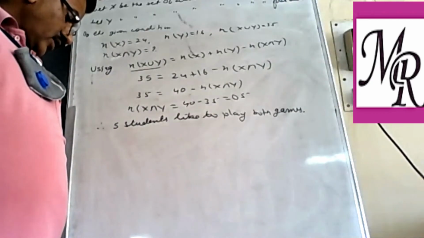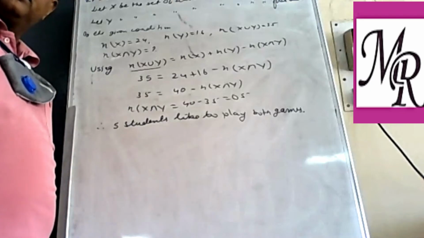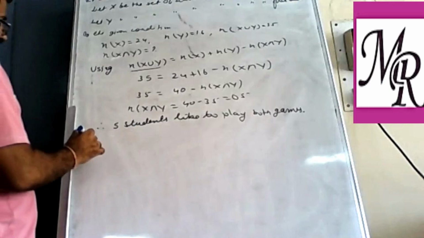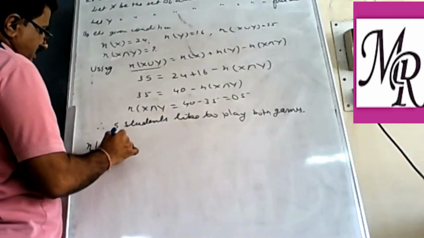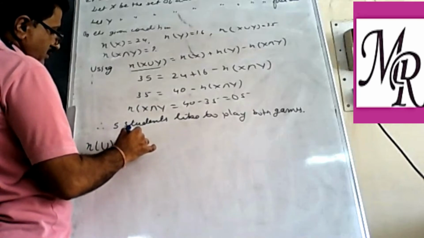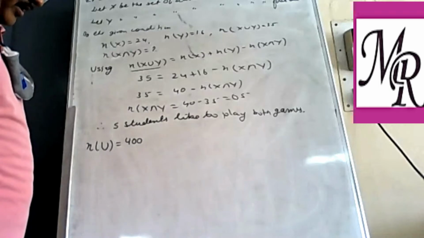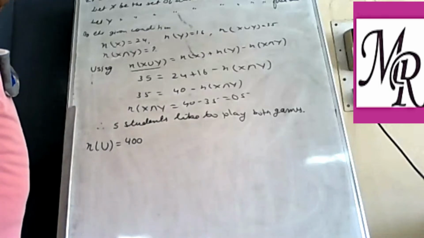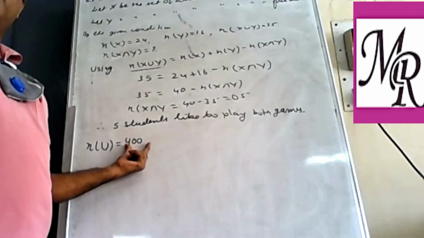In a survey of 400 students, so that is your number of students in the universal set. Why? Because we are taking a survey in a school. So the total number of students in the school is 400.